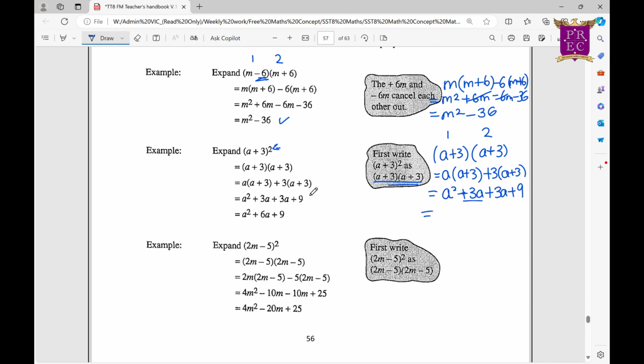And if we group the like terms together, which is positive 3a, we get a squared plus 6a plus 9. So you notice how this is 2 of 3 and this is 3 squared.